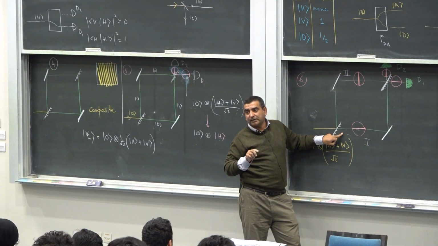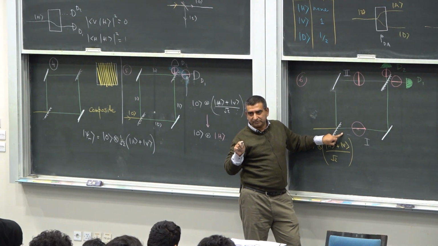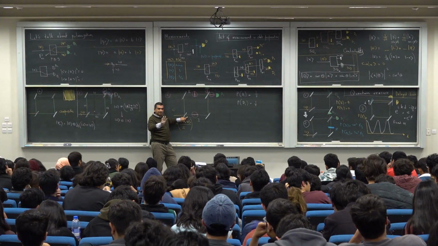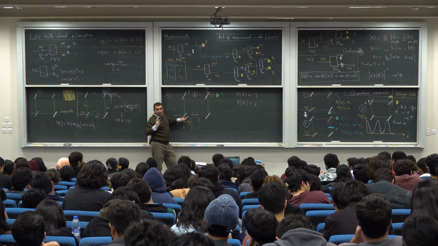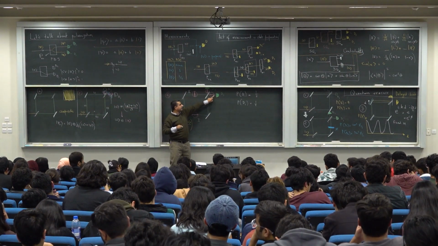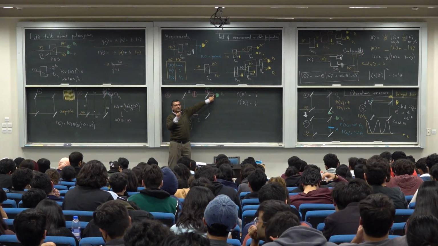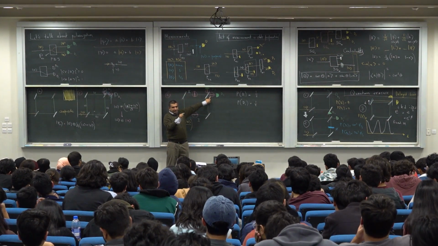We have information about the path, because we know that this photon must be horizontally polarized by virtue of this polarizer here.